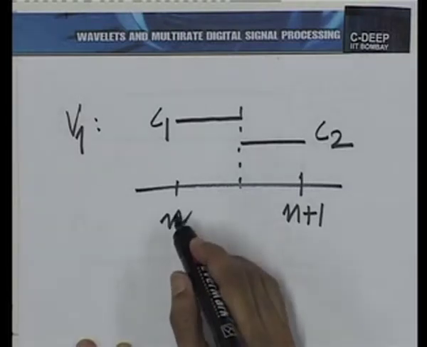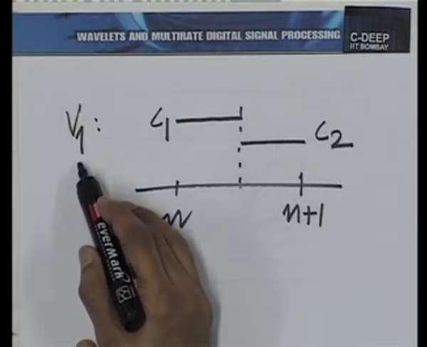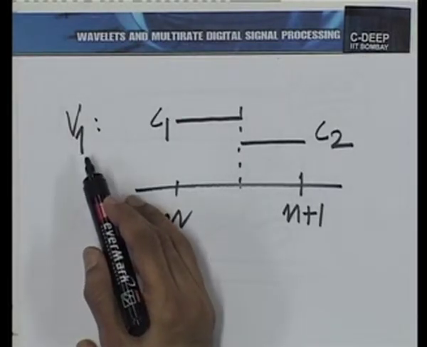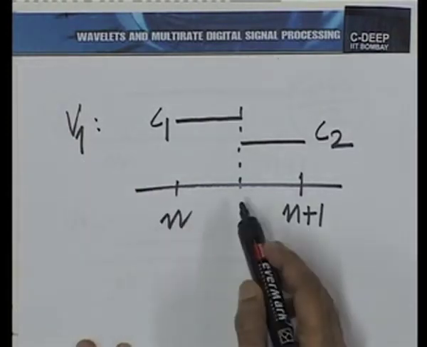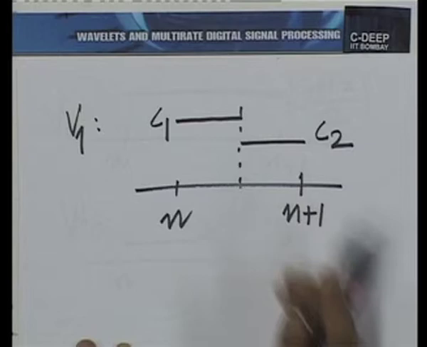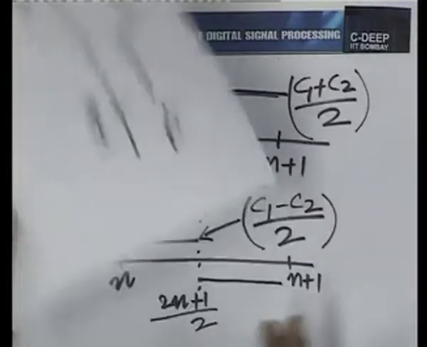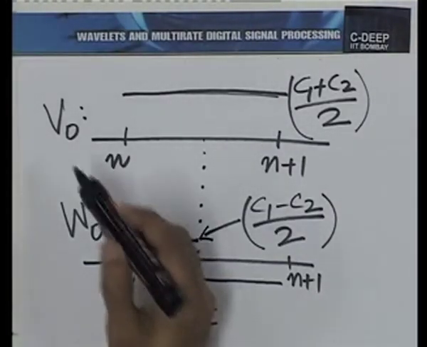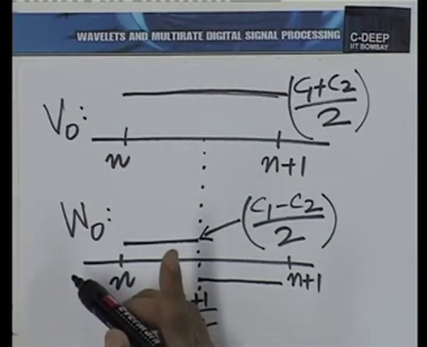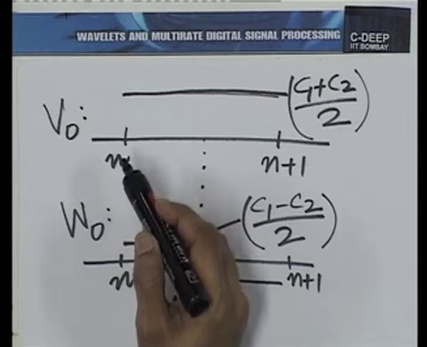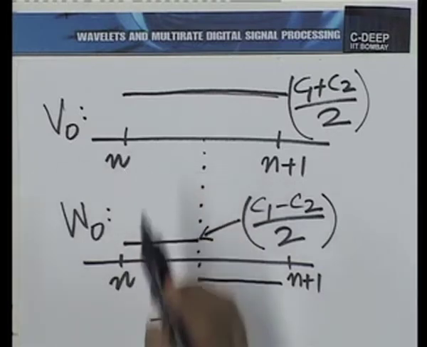Interestingly, the values of the sequence corresponding to the function in V1 at the points 2n and 2n plus 1 relate to the values of the sequences corresponding to the functions in V0 and W0, but at the points n and not 2n.